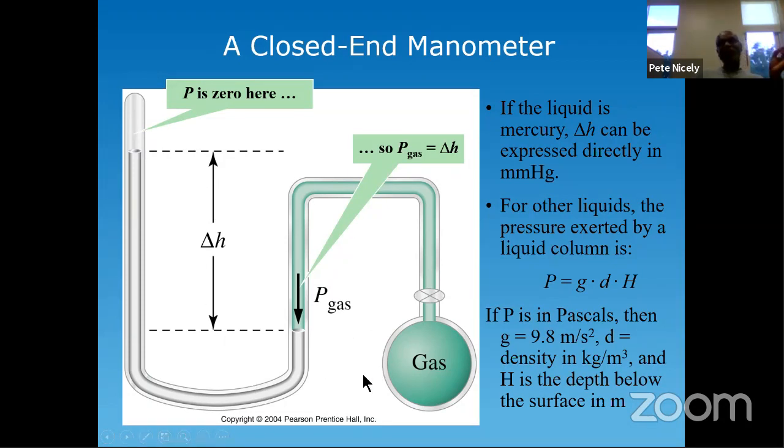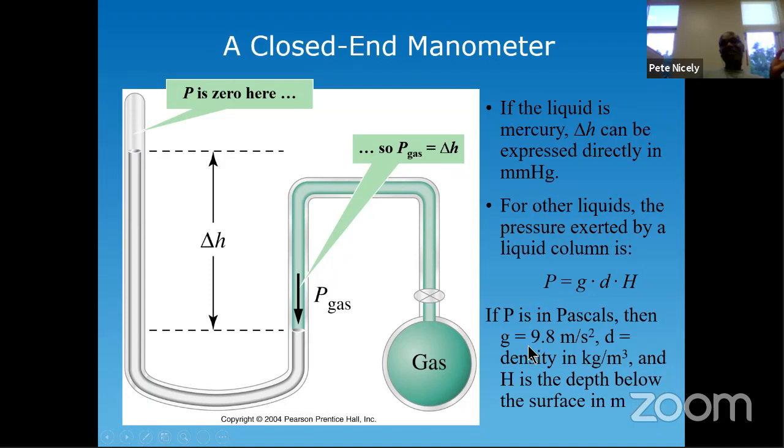Now, if you want to express the pressure in pascals, then this would be the equation you would use. For those of you who have done physics or are about to do physics, you're going to meet this equation here. The pressure exerted by a column of a liquid is equal to g d h. G is a constant known as the acceleration due to gravity, d is the density of the liquid, and h is the height, which is the same thing as the delta h here.